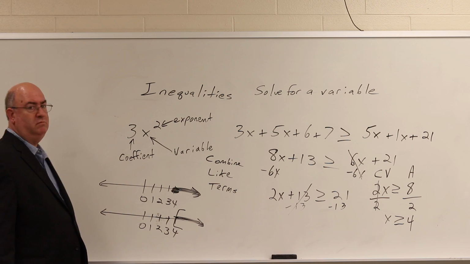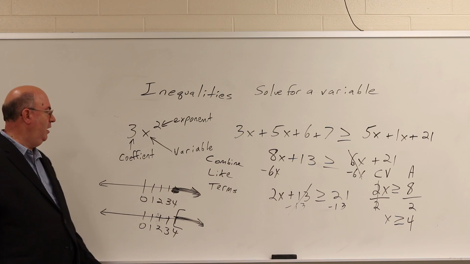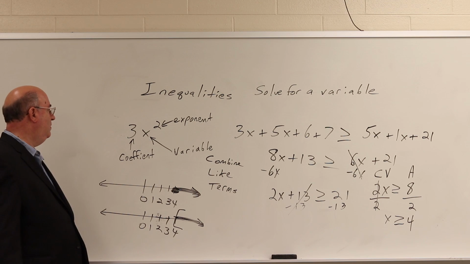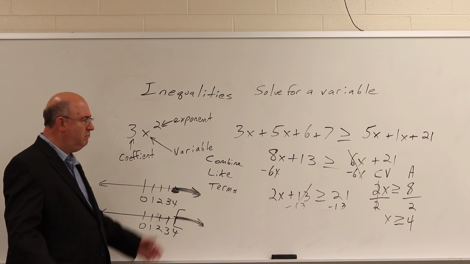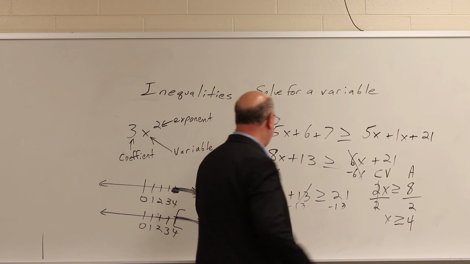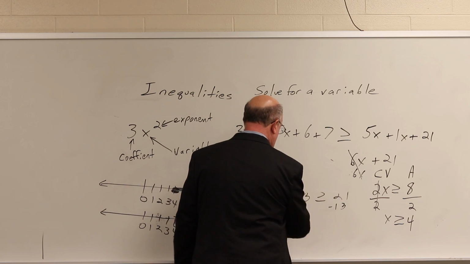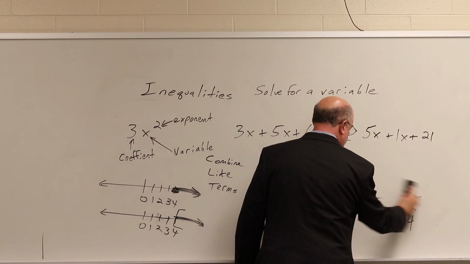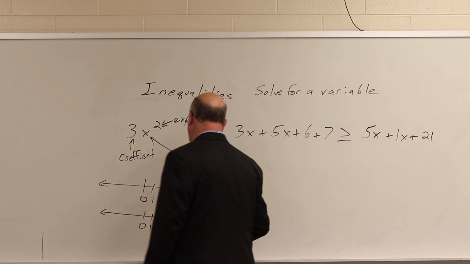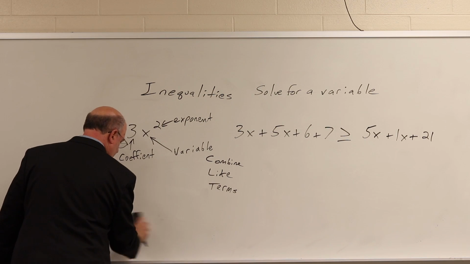Okay, that was easy. Okay, let's try another one. So far, so good, right? Goes to the right, numbers are included, piece of cake. Okay. Change it around a little bit.